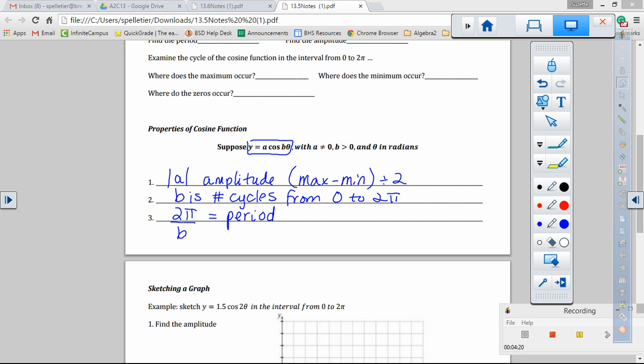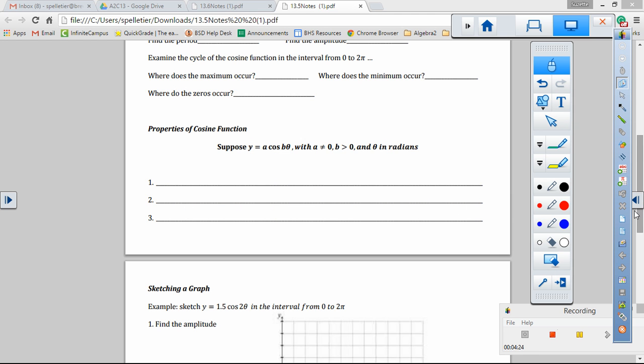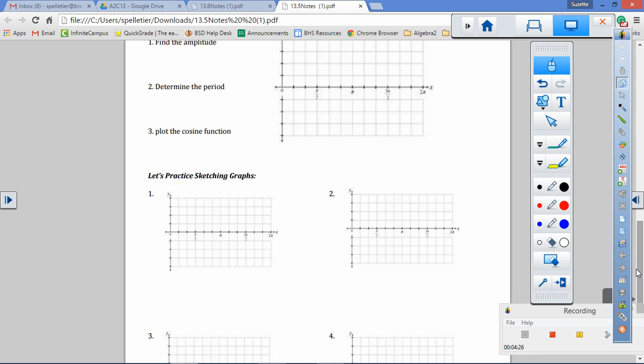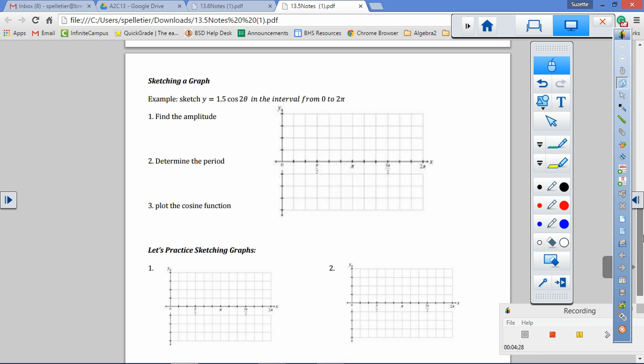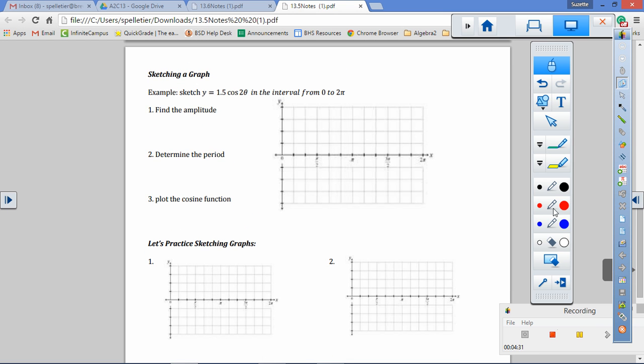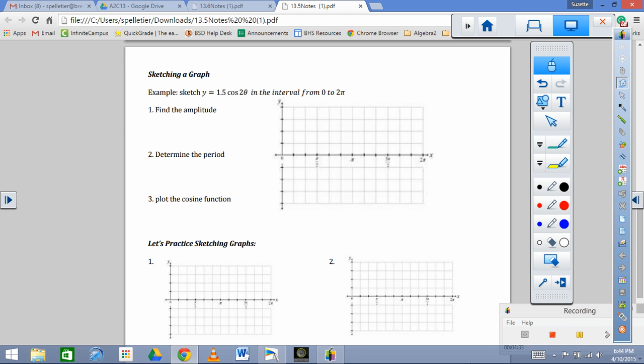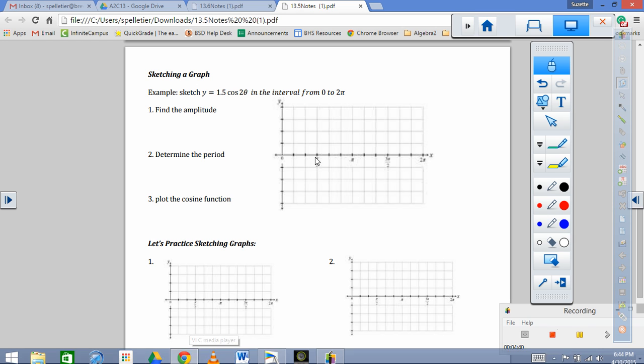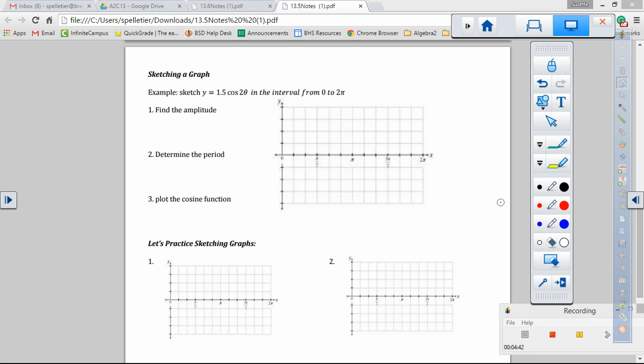All right, let's practice sketching a few of these. So we're going to start with this one. Sketch y equals 1.5 cosine 2 theta. So again, we need to figure out a little bit about what's happening here. So we have pi over 2, half of a pi, 1 full pi, 1.5 or 3 over 2 pi, and 2 pi.